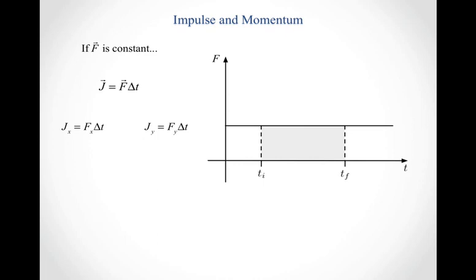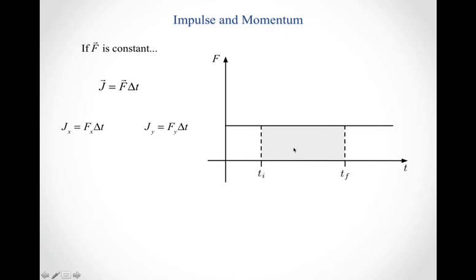So if that force is constant, then obviously I can pull it out of the integral. I'm left with an integral over a time interval of dt, which just gives me delta t. Because again, this is a vector quantity, I have a vector equation for each dimension that's relevant. Here I've plotted what one of those relevant dimensions would look like if I have a constant force.